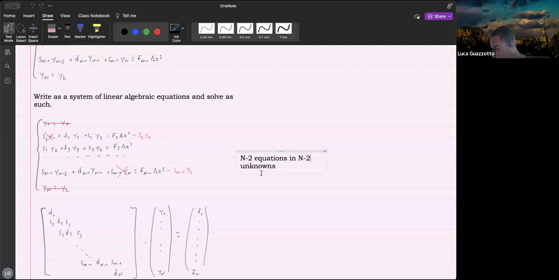where, no, sorry, I should use a different symbol. Call this G. G1 is equal to y sub 0, and G2 is equal to f2 delta x squared.